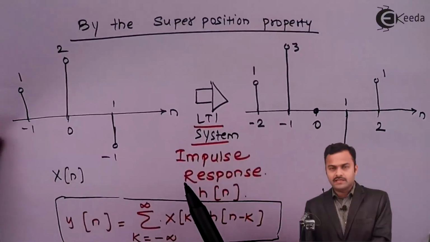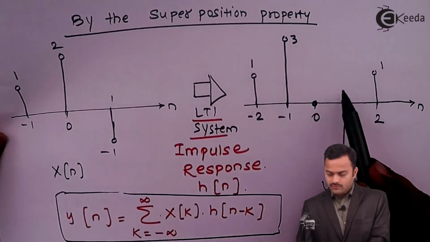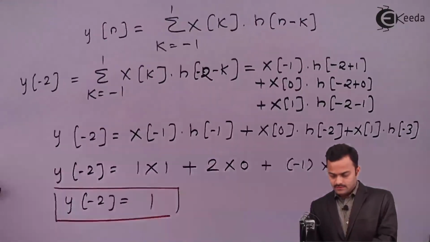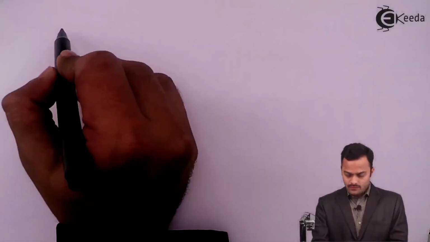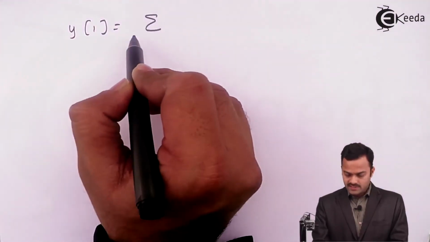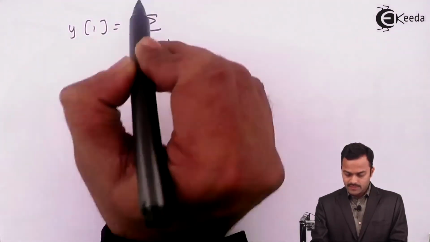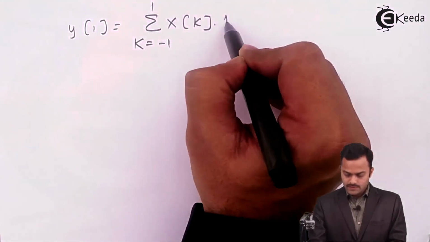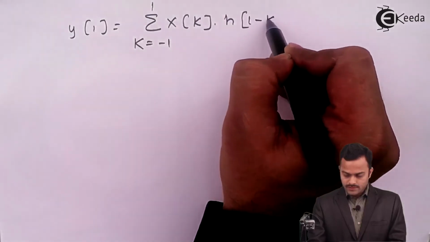Likewise, we can verify for n equal to 1. So I want y of 1. The formula will stand like this: summation k from minus 1 to 1 x of k h of 1 minus k.